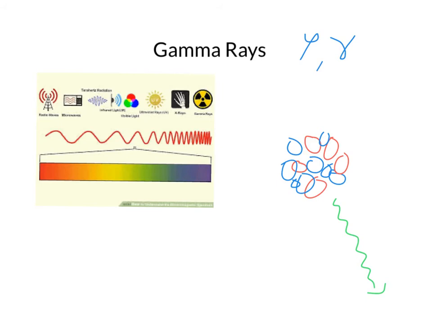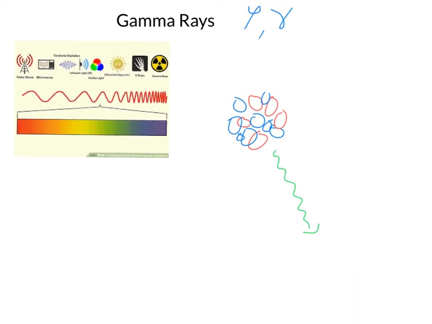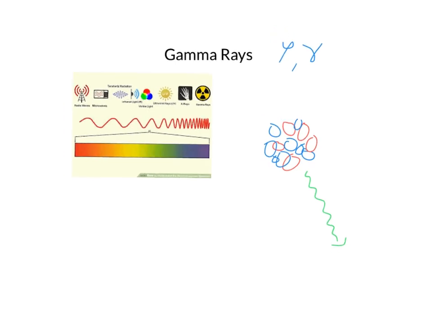So that raw energy is emitted as a beam of electromagnetic radiation, or we could even say a beam of photons if we wanted to call it a particular particle. But because the radiation is so high in energy and high in frequency, we call that gamma radiation, because again that's the highest on the electromagnetic spectrum for frequency.